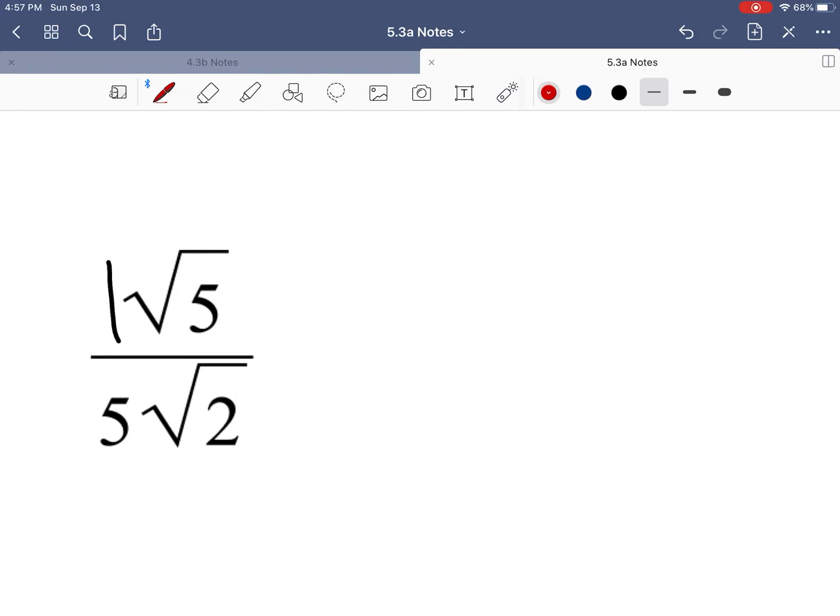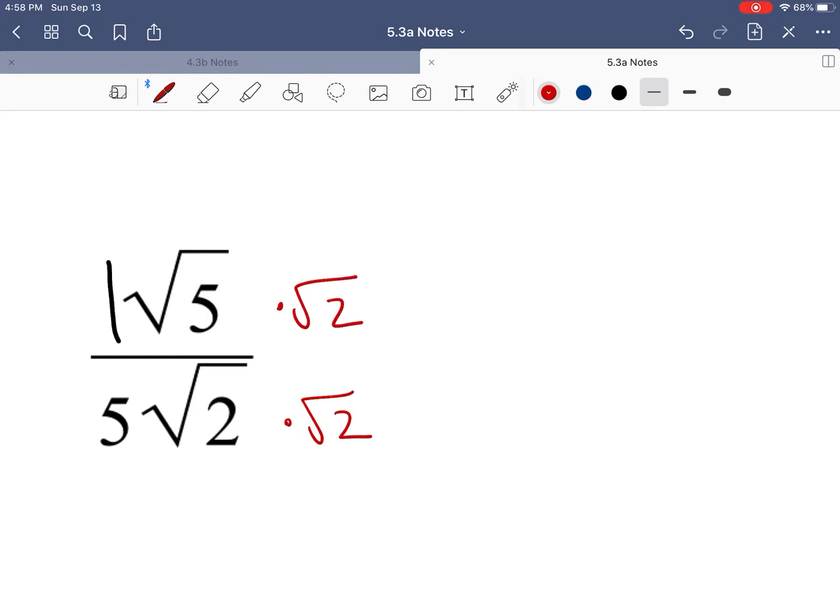The easiest perfect square to make our denominator would probably be root of 4. You could make it any other perfect square, but I like to keep numbers small. It'll prevent us from having to reduce at the end. So I'm going to multiply our denominator by root of 2, and what I do to the denominator, I need to do to the numerator as well.